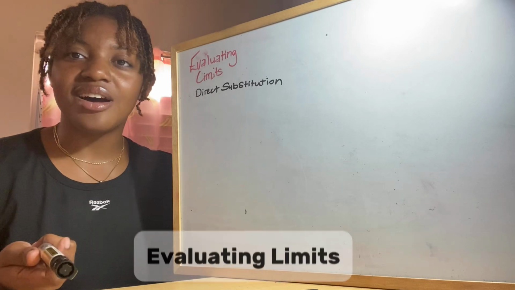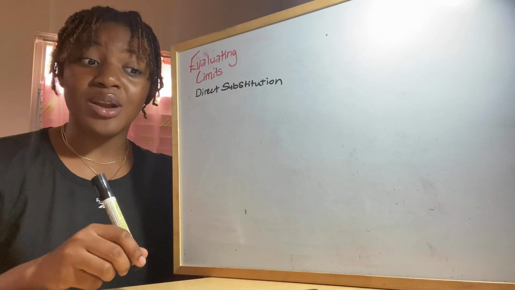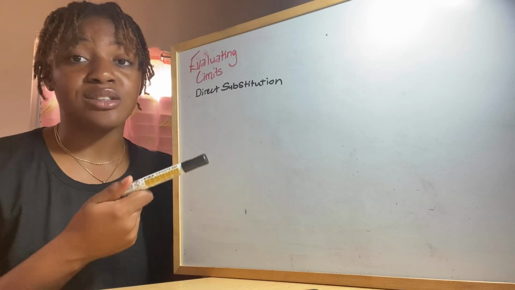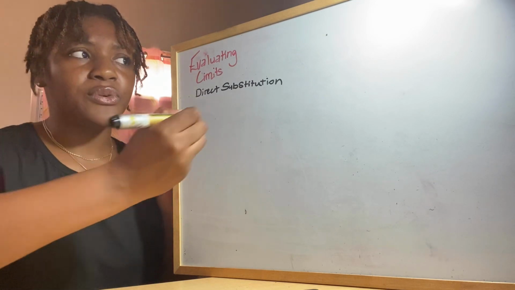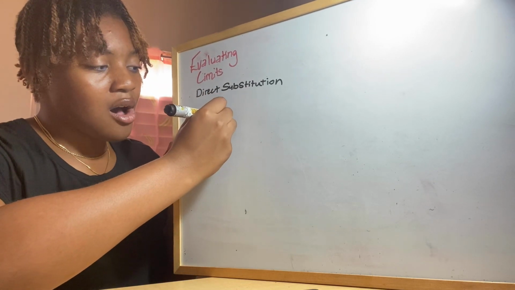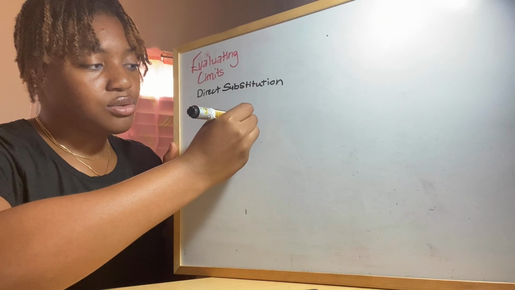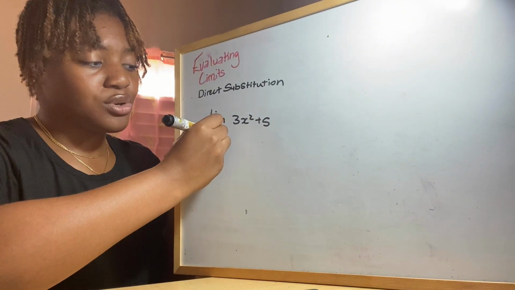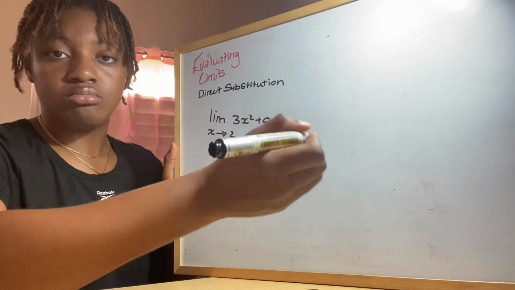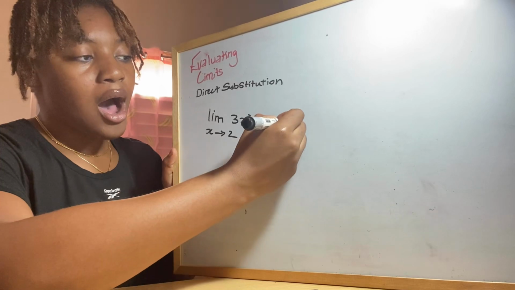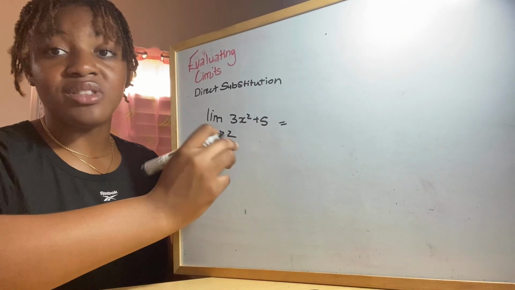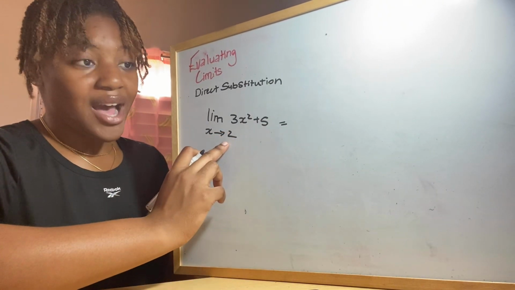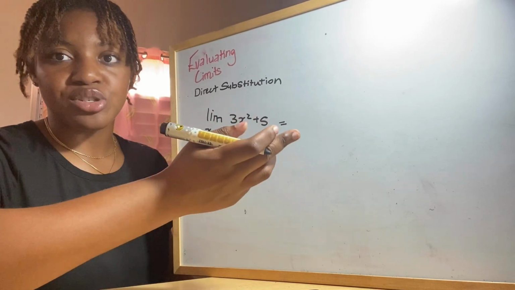So the next thing is evaluating limits. This is when you're not given a graph. And one of the main methods you use is direct substitution. So for example, if you have the limit of the function 3x squared plus 5, and x is approaching 2, you can simply find the limit of this function by substituting 2 in the expression.